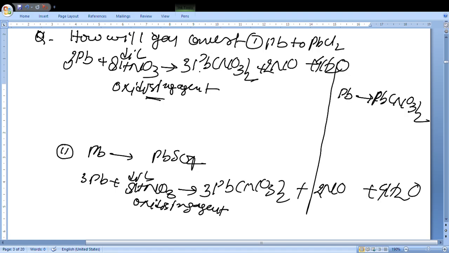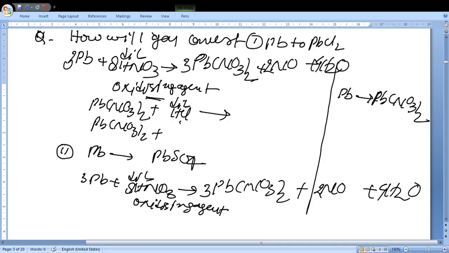Now this Pb(NO3)2 is completely soluble in water, so now coating will not occur. Now you may take Pb(NO3)2 with dilute HCl or Pb(NO3)2 with aqueous NaCl to prepare PbCl2.